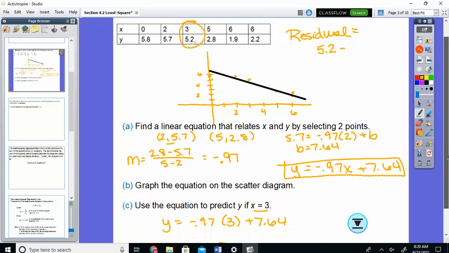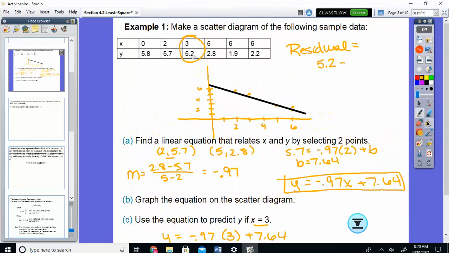What did I predict? 4.73. And so if you subtract that, your residual is 0.47. So the true value was 0.47 hundredths above what we predicted.